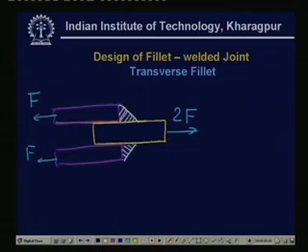Now, if we use the strength of materials approach, then we take a cut. We want to find out the average stress at any section. We take a cut, let us say here, two symmetric sections which make an angle theta. We take the cut and draw the free body diagram.